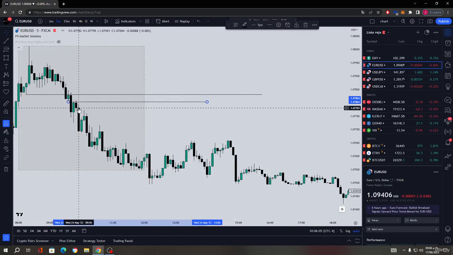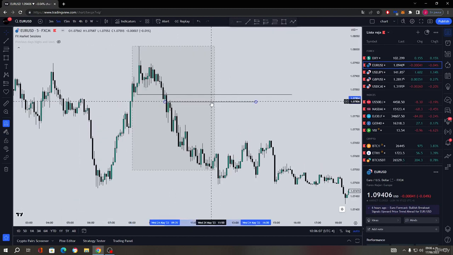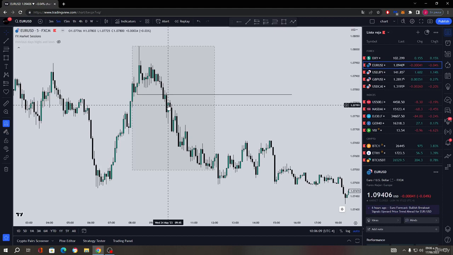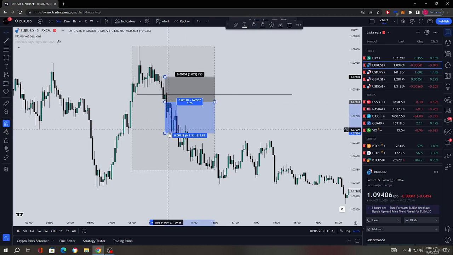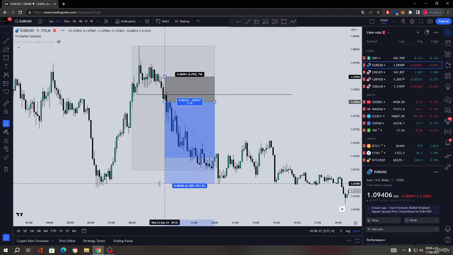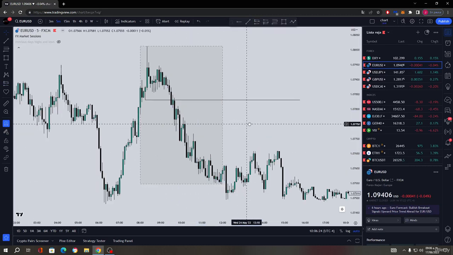Well, no, it's a really small imbalance, really small. Well, this is the balance. This is the imbalance. There's another block. You could enter directly here with your stop loss, for example, here at this high. Obviously, you target the lows, and well, that's a nice trade.